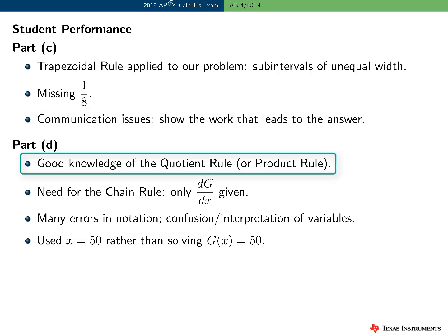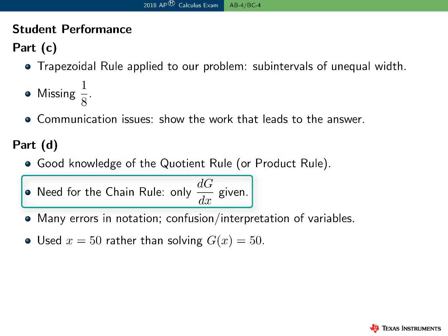For example, students who did not sufficiently convey a trapezoidal sum. In Part D, most students were able to apply the quotient rule, or some actually used the product rule. However, since x is a function of t and we want dg/dt, the chain rule is necessary here, and many students computed only dg/dx.